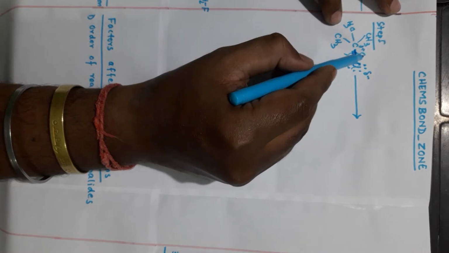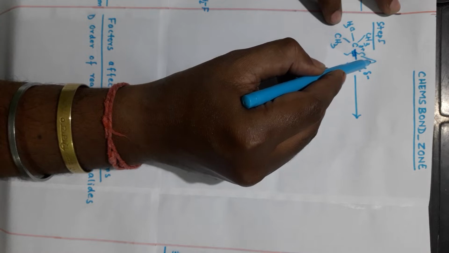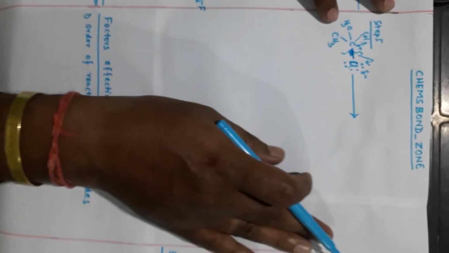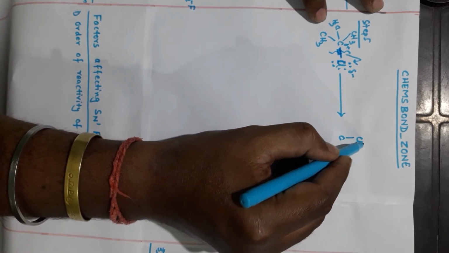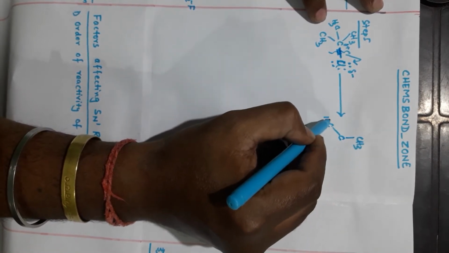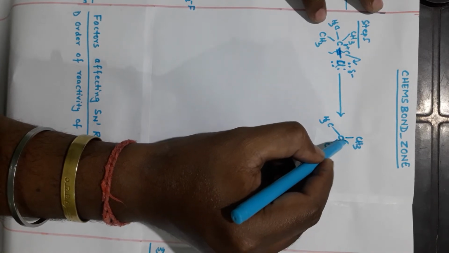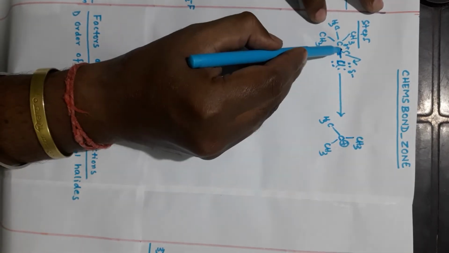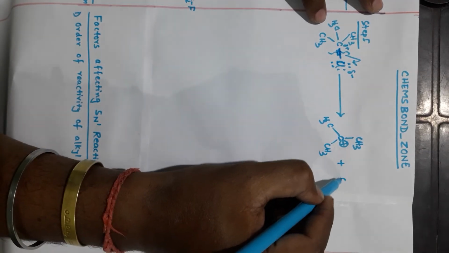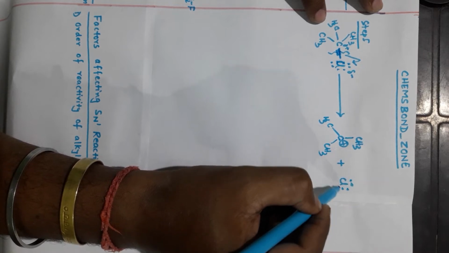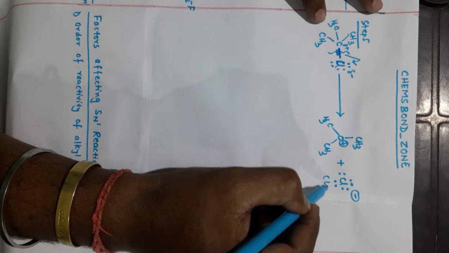Now when the bond breaks, both electrons permanently go to the chloro group. As a result, we get a structure with the carbon bonded to 3 alkyl groups, here all methyl groups, and the carbon develops a positive charge because it has lost the shared pair of electrons, which have gone with the chloro group. It had 3 lone pairs, now it will have 4 lone pairs. So this is the leaving group.